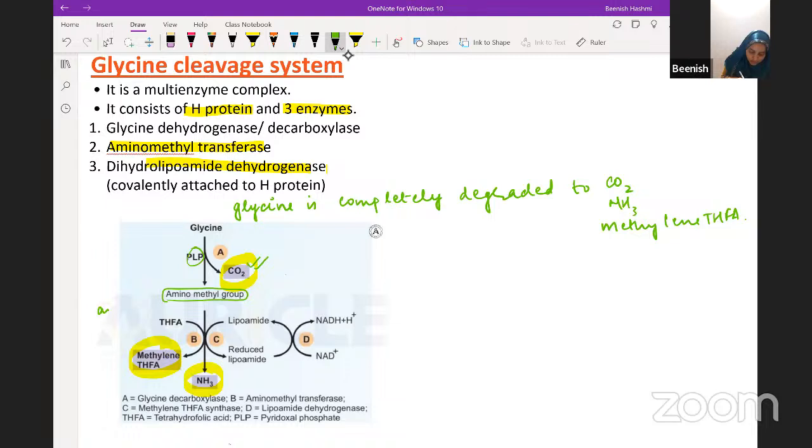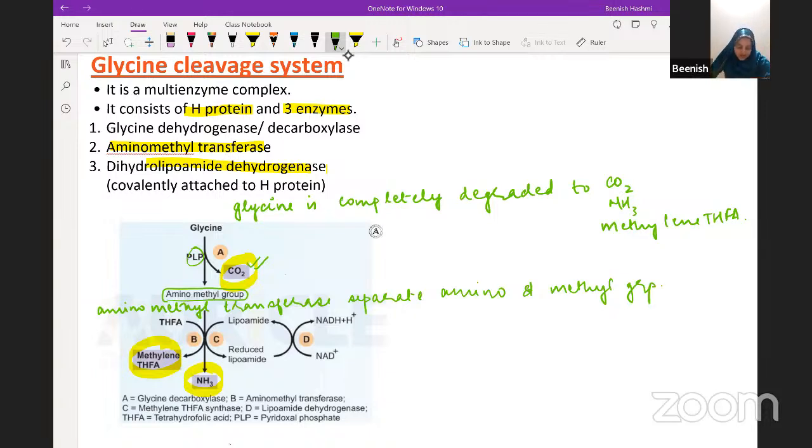Now this methyl group is taken up by tetrahydrofolic acid to form methylene tetrahydrofolic acid.